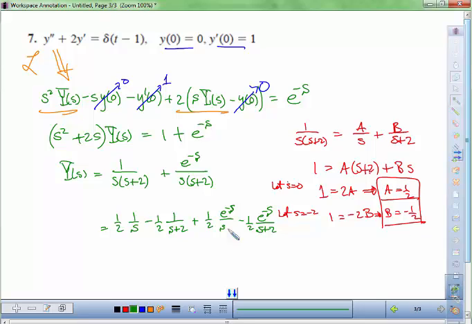What's the transform? How do you get this 1 over s back? Is it 1 or t? I'm asking you. It's 1? So that transforms back to 1. So y of t becomes 1/2 times 1 minus 1/2 times, what's 1 over s plus 2 pulled back?